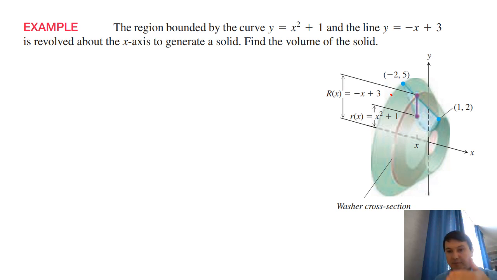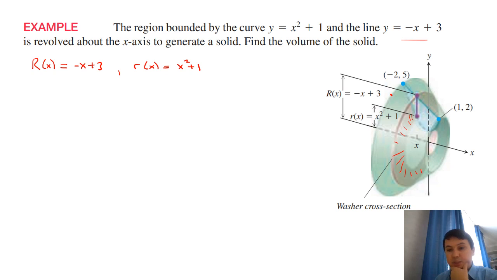If you look at the cross section along the x-axis, you see this shell, right? So I need to find the capital R, the upper radius, or outer radius, if you like. This is governed by minus x plus 3, and the inner radius is governed by this parabola, x squared plus 1, right?